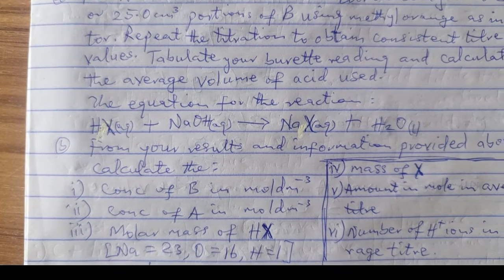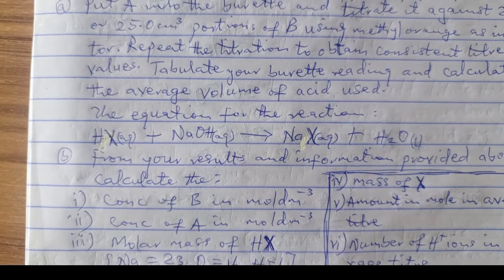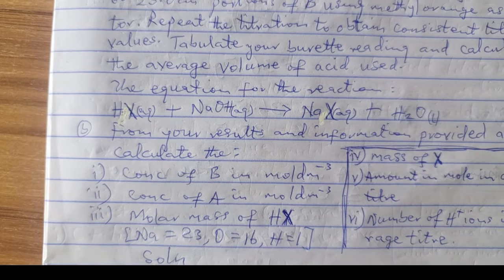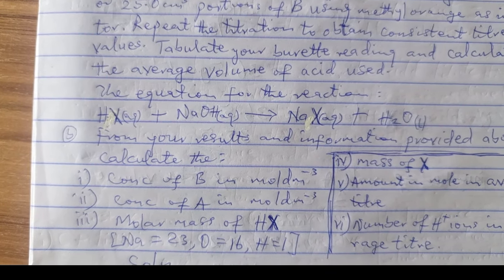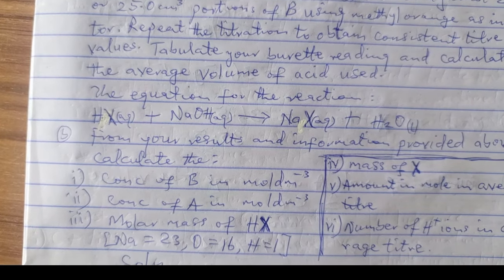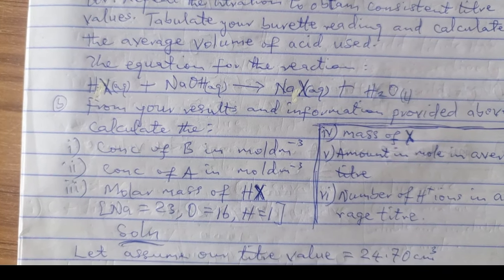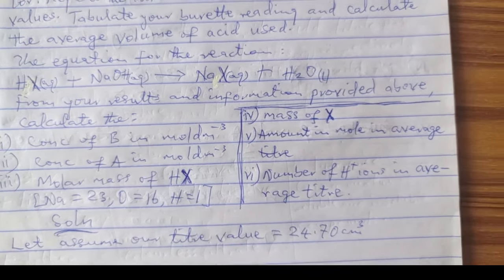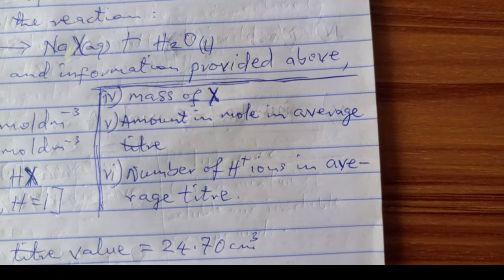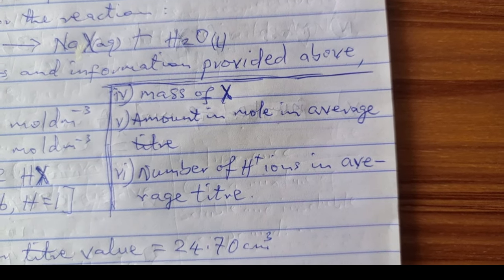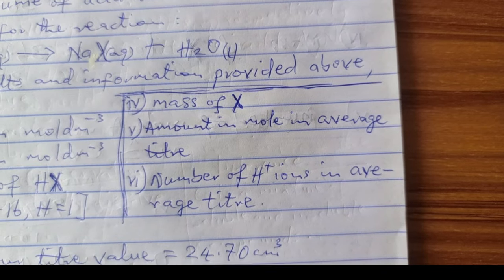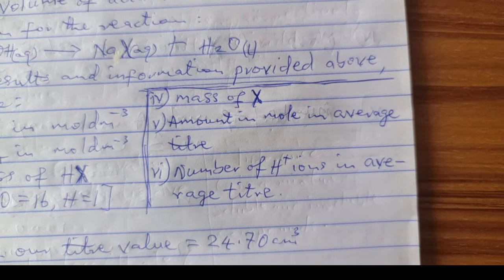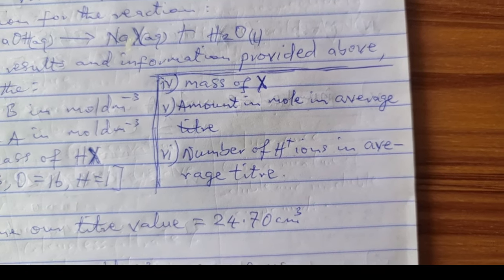Now, go to B. From your result and information provided above, calculate I, concentration of B in mole per dm cube, II, concentration of A in mole per dm cube, III, molar mass of HX, IV, mass of X, V, amount in mole in average titer, VI, number of hydrogen ions in average titer.